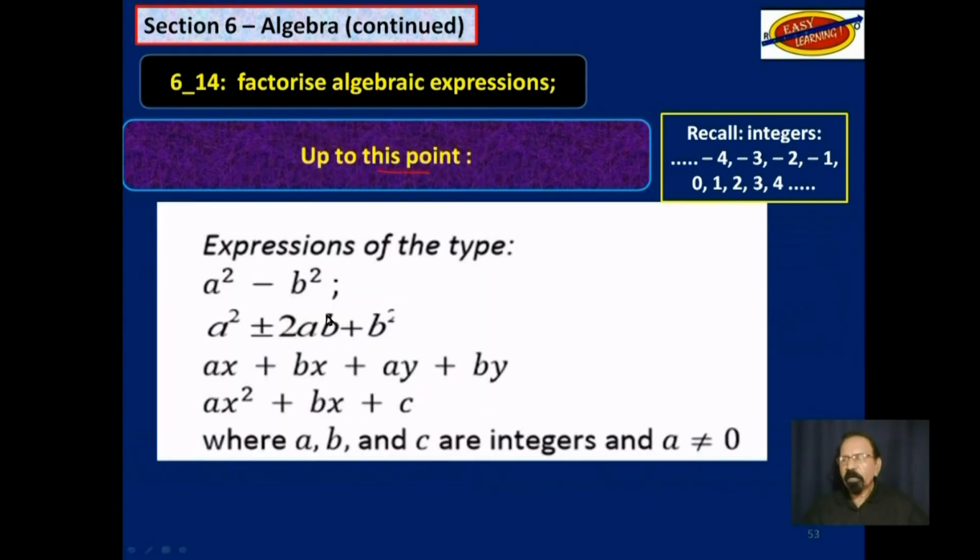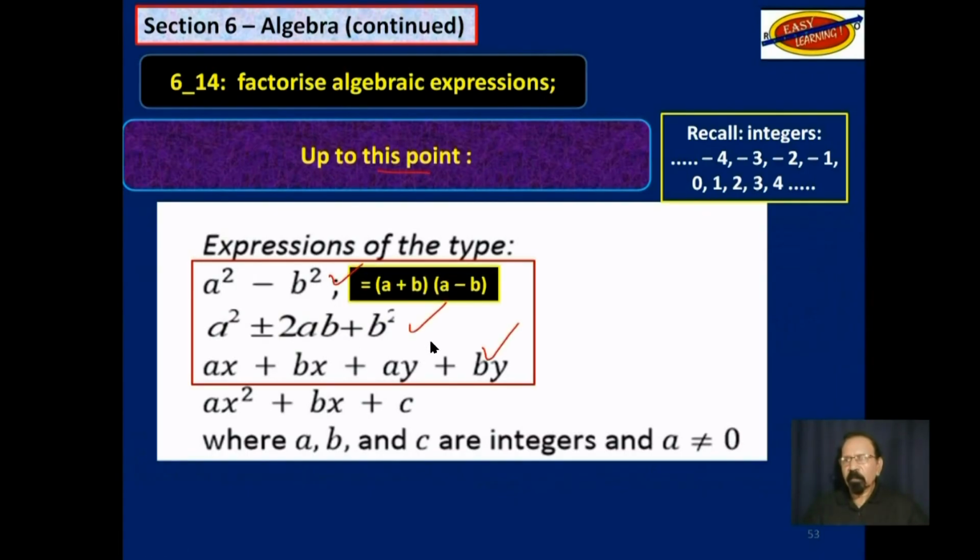So up to this point, we did that, and that. If you see something like a squared minus b squared, that came from a plus b multiplied by a minus b. And if you see something like a squared plus 2ab plus b squared, that came from a plus b squared.